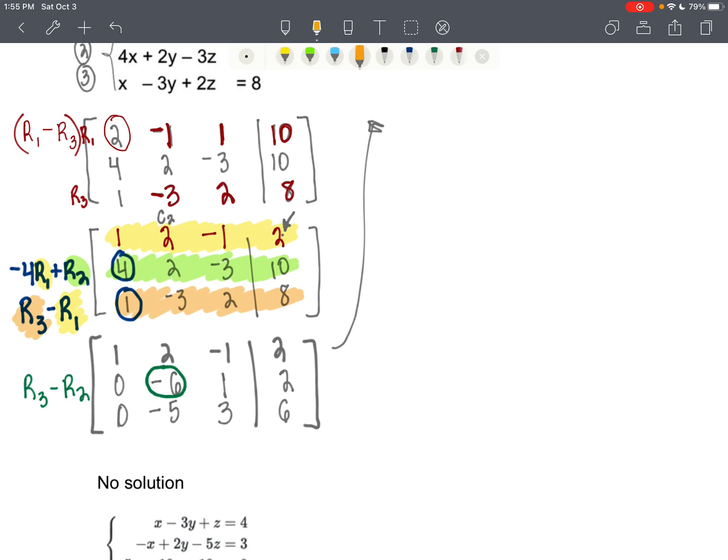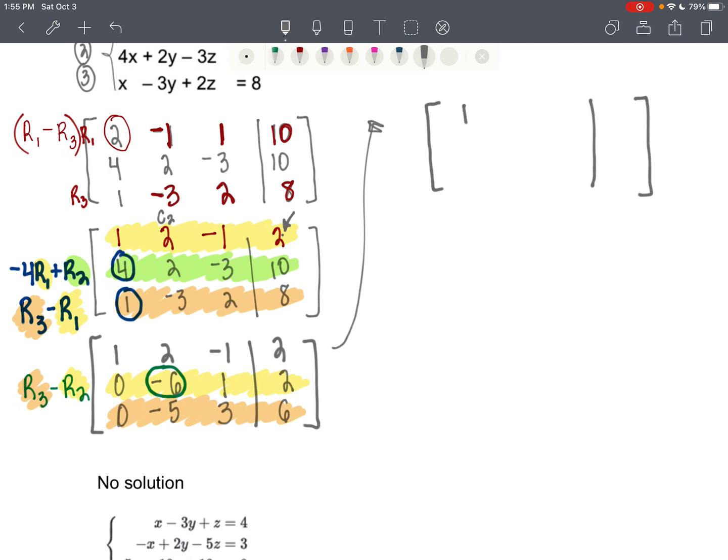Row 3, we'll make that the orange row. And we're going to subtract row 2, and that's what the new row 2 is going to be. Now when we do this, we want to make sure that we're not going to mess up any of our 1s or 0s that we just created. So row 1 is going to stay the same, 1, 2, -1, 2. The third row is going to stay the same, but the second row is changing.